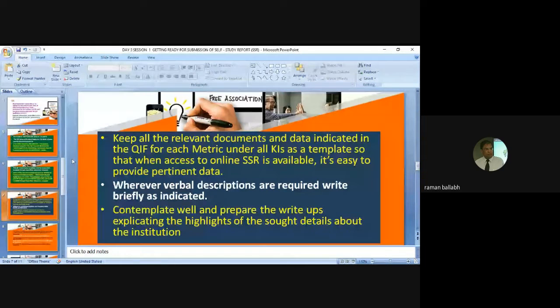Your trial must be there, and this supplementary document must be available with you. It is not uploaded in the SSR, but when the team is inspecting and discussing things, and says this is a problem area for you, you will have an answer.